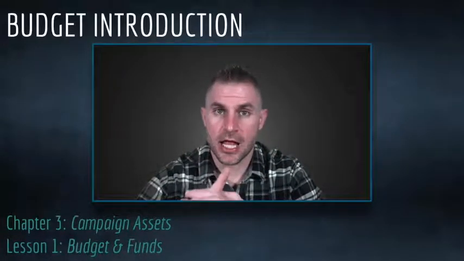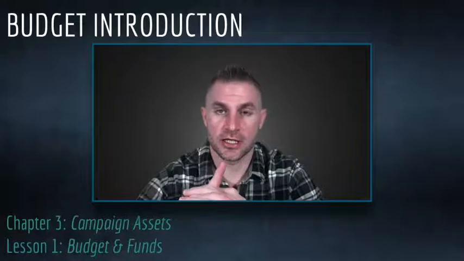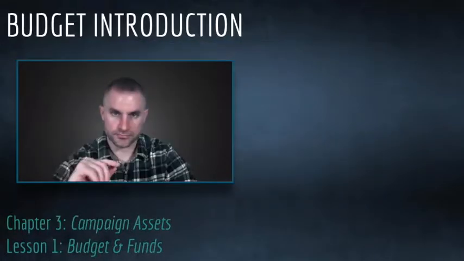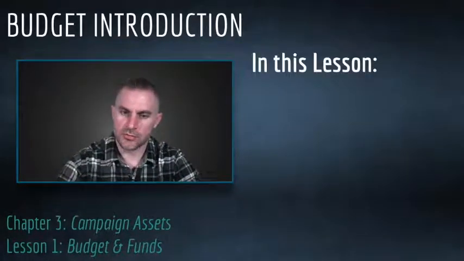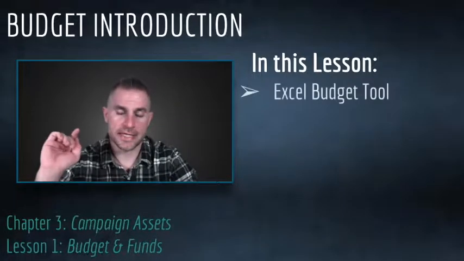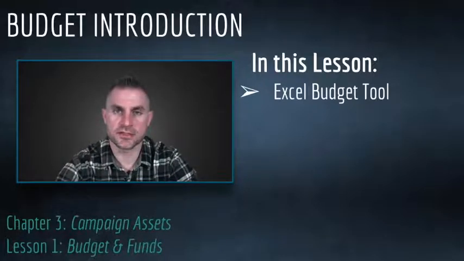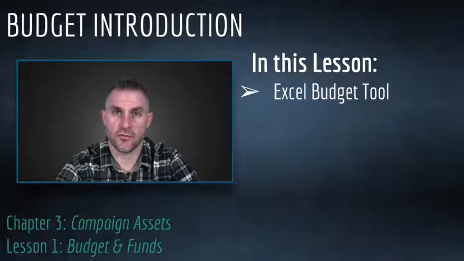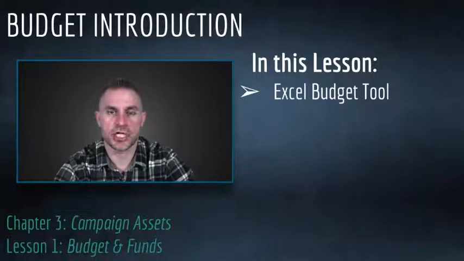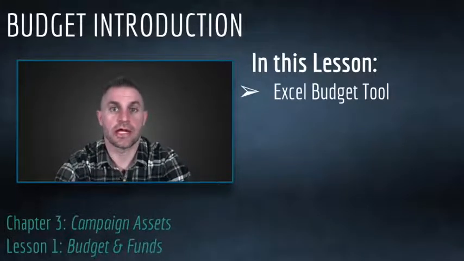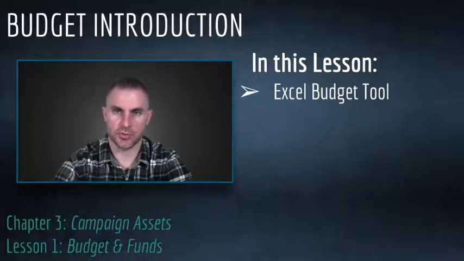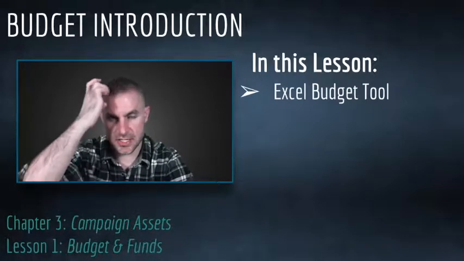So with that said, let's talk about what we're going to cover in this lesson. There'll be two big sections. The first, we'll take a look at this budgeting tool that I built in Excel for you guys. I put it together specifically for this course to help you be able to budget out the things that will likely come up on your campaign. So we'll take a deep dive into that tool.